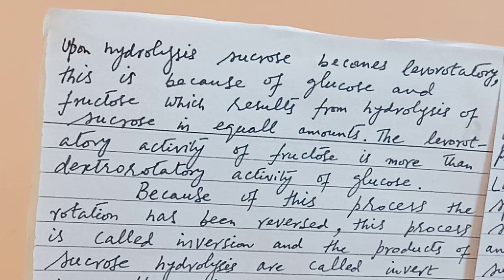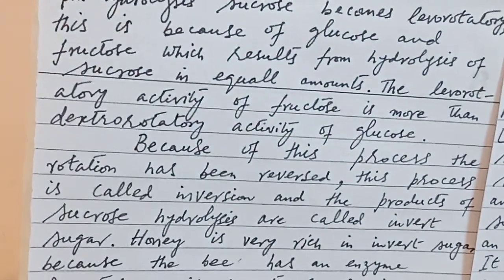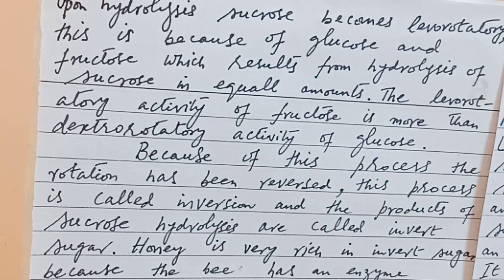So upon hydrolysis, sucrose becomes levorotatory. This is because glucose and fructose result from hydrolysis of sucrose in equal amounts. The levorotatory activity of fructose is more than the dextrorotatory activity of glucose. Because of this process, the rotation has been reversed.